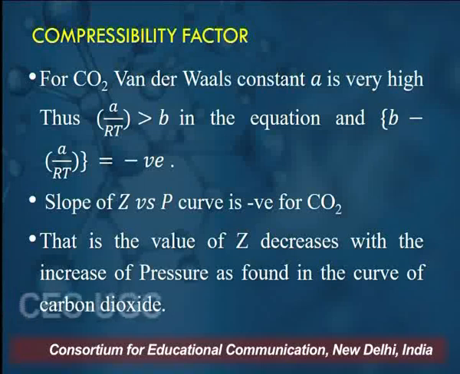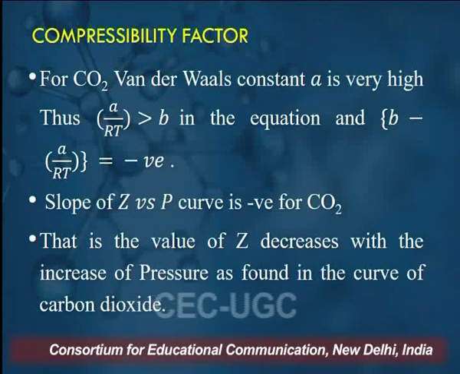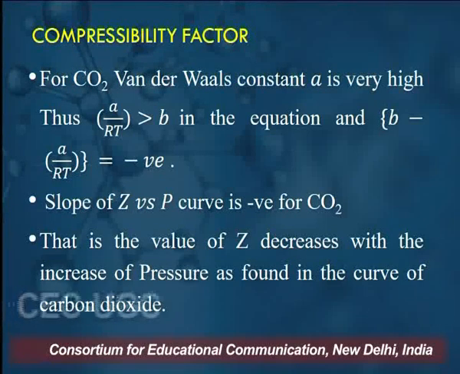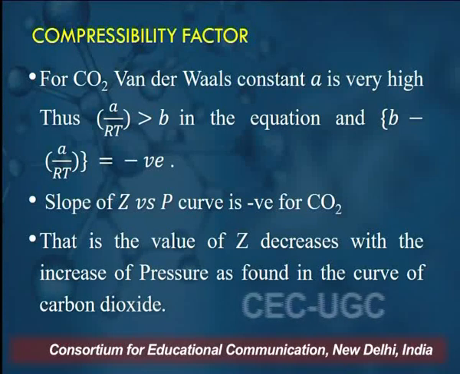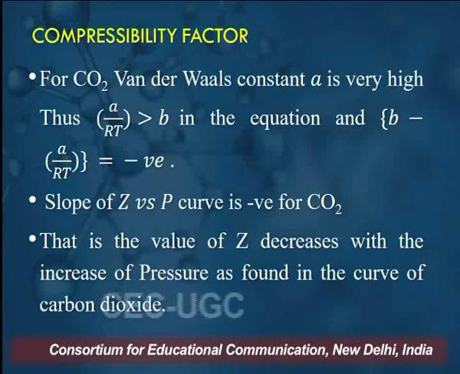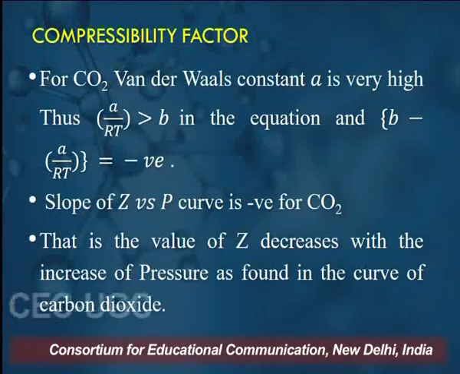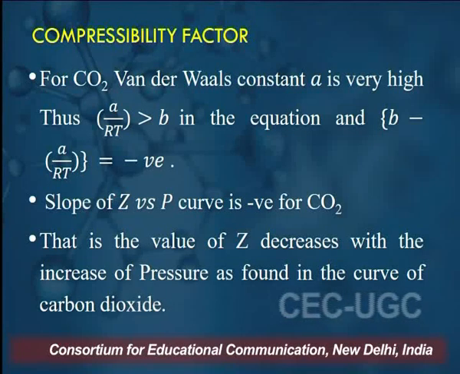For CO2, the van der Waals constant a is very high. Thus, a by RT is much greater than b in the equation, and b minus a by RT is negative. The slope of the Z versus P curve is negative for CO2. That is, the value of Z decreases with the increase of pressure, as found in the curve of carbon dioxide.